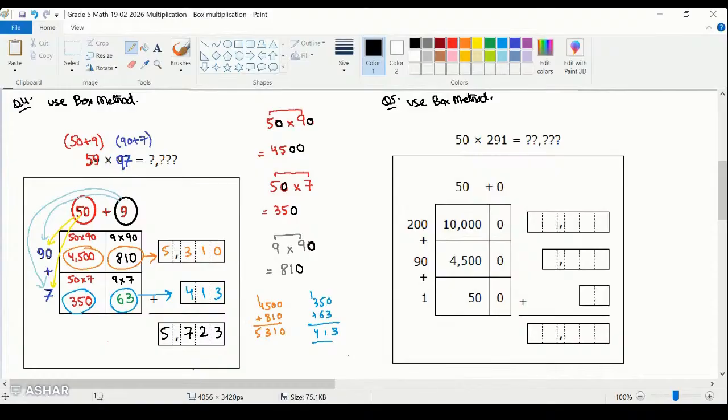What they are doing is they're saying 50, right? 50 can be written as 50 plus 0, and 291 can be written as 200 plus 90 plus 1.